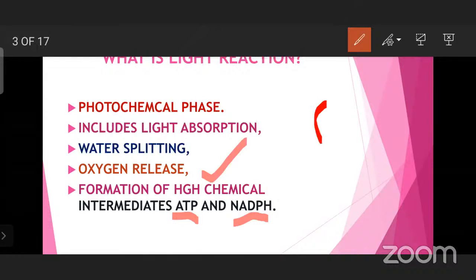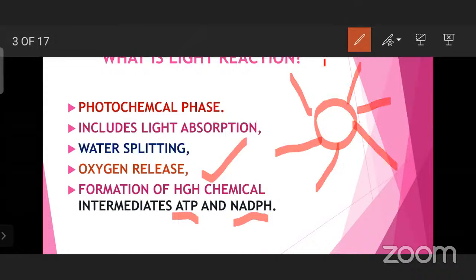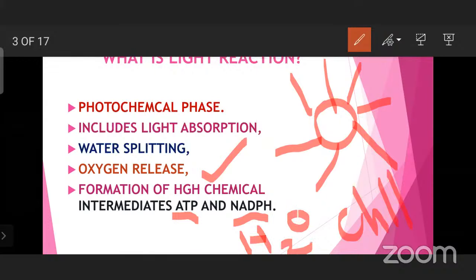So here the raw material for light reaction to take place is sunlight energy, and the chlorophyll pigment is going to trap the solar energy, and the most important thing is the splitting of the water molecule. So water, sunlight, and chlorophyll are the raw materials of light reaction. Sunlight energy is harvested by the chlorophyll molecule.